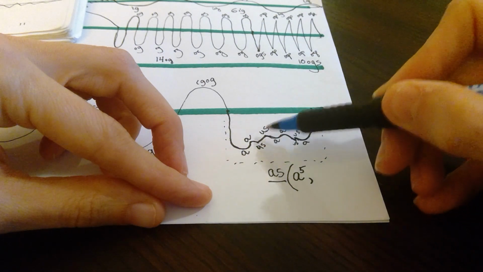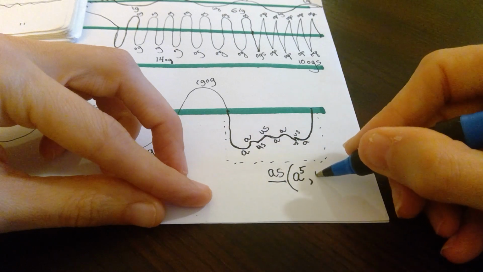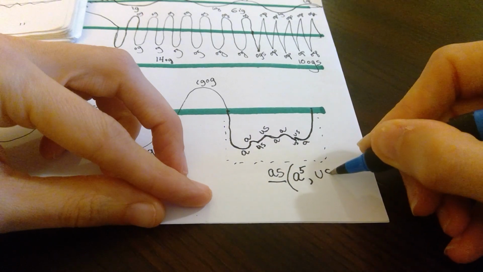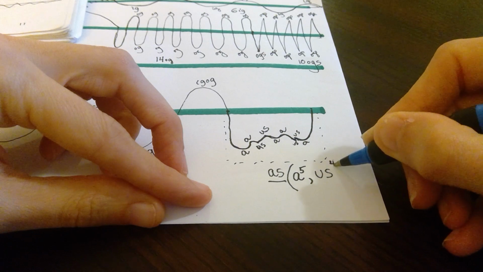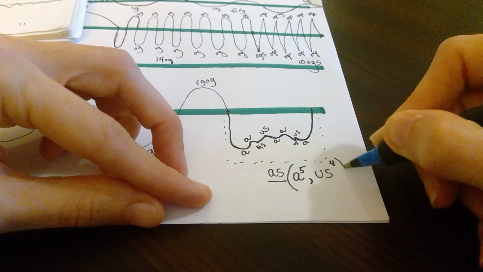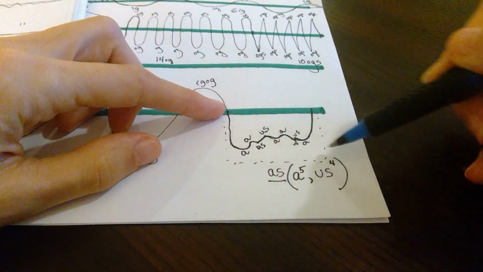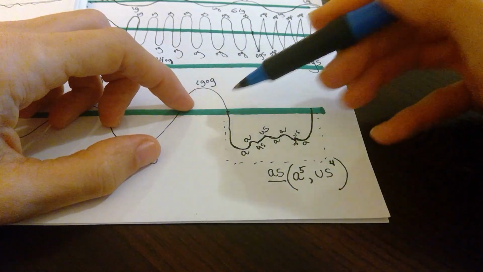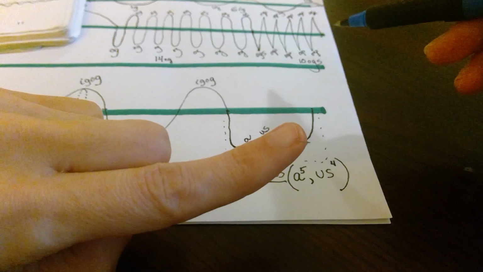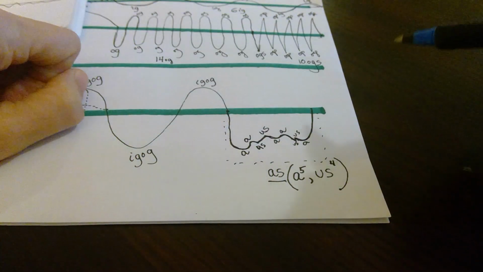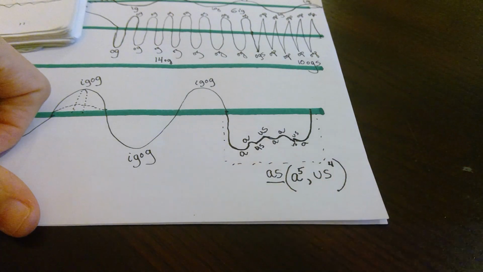So we had 1, 2, 3, 4 US's. And that's how we write everything about this one rhythm. So this right here is one rhythm. It is one mixed rhythm, and it is written like this.